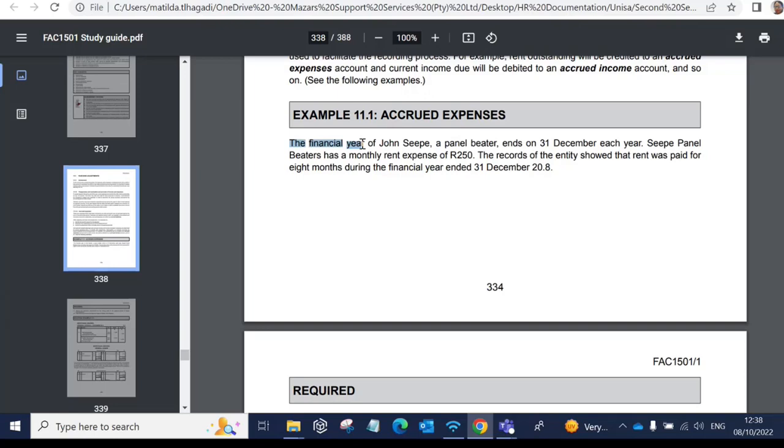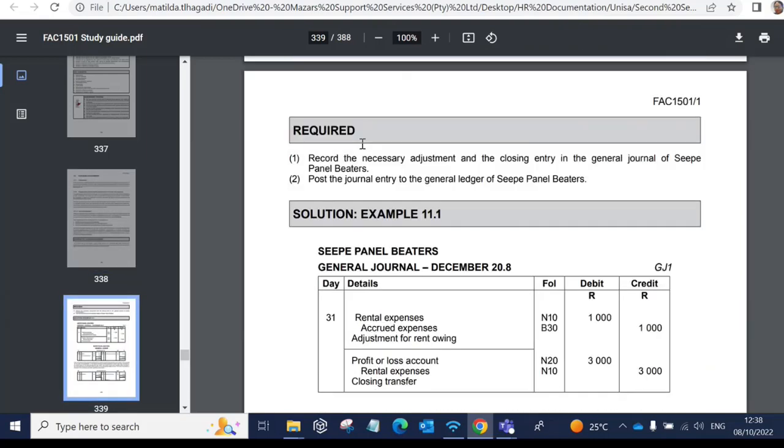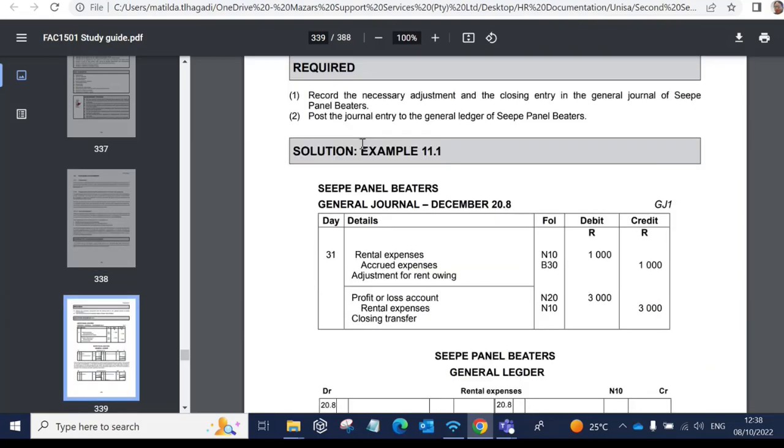So they're saying now that the records of the entity show that rent was paid only for 8 months during the financial year. So how many months are outstanding? 4 months are still outstanding. So what is the value? 1,000 rand. And how did we calculate that? 250 times 12, which is 3,000, is the full year. 250 times 8 is 2,000, so the balance is 1,000.